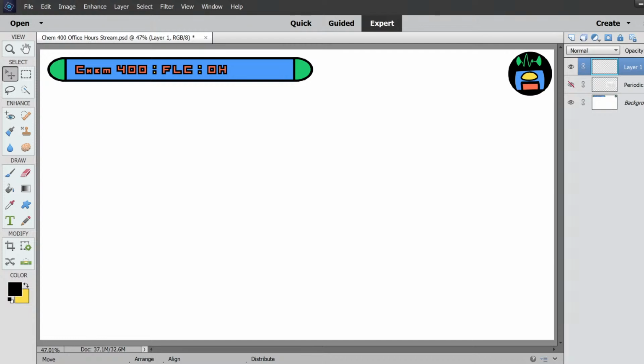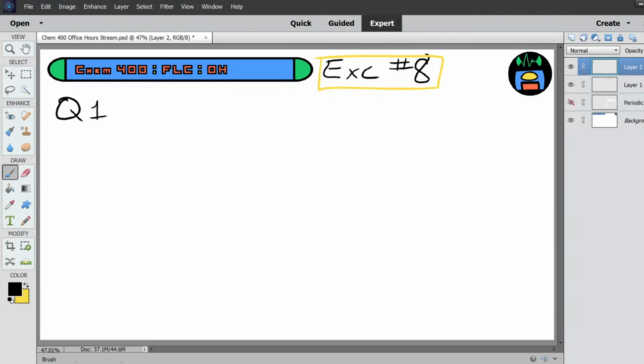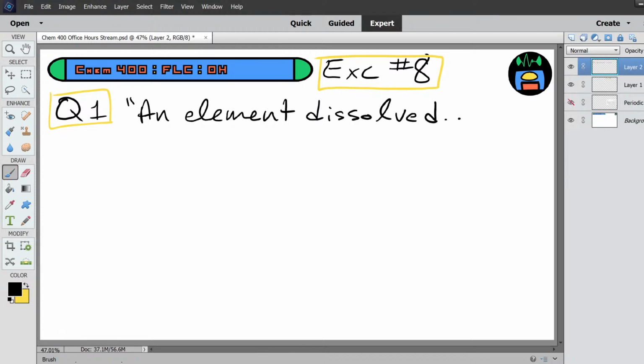these questions are related. First off, in question 1, where it says an element dissolved, and then there's the rest of the problem.